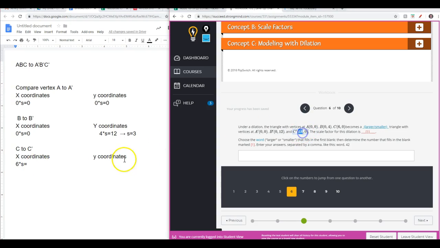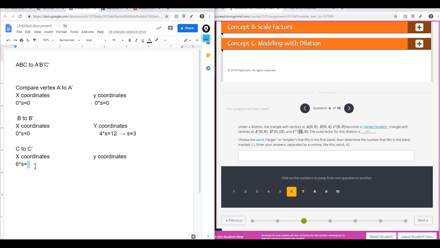And remember, we got a hit on the Y coordinate that the scale factor was 3. So let's check if S really does equal 3. Does 6 times 3 equal 18? Yes, it does. So far, we're good because both of these scale factors are 3.